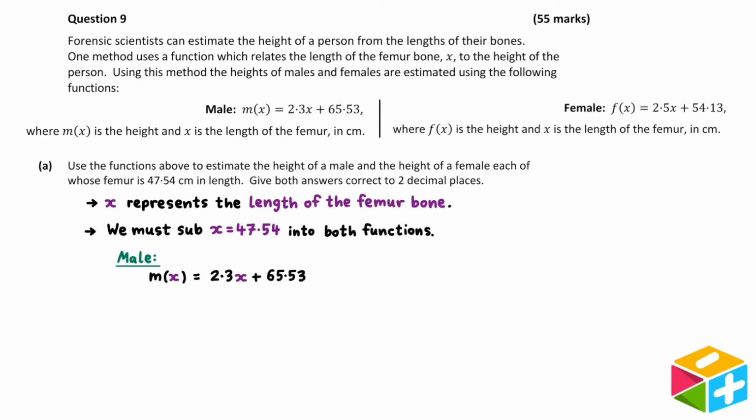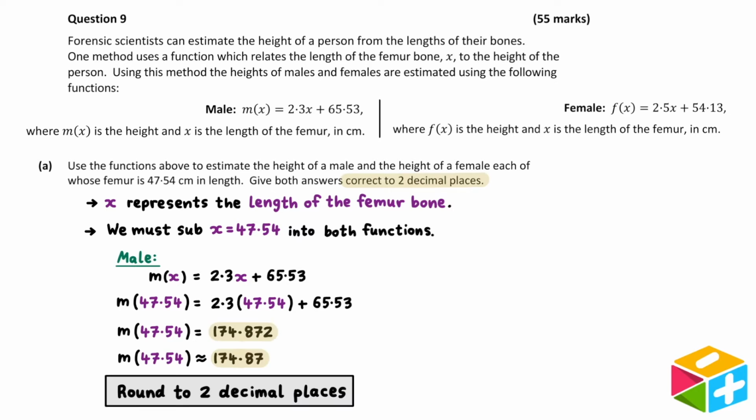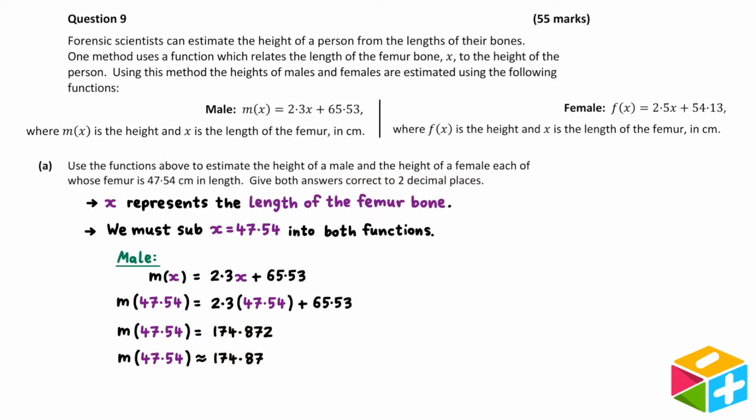Let's start by subbing into m of x, the function for the height of a male. Rounded to 2 decimal places, our estimate for the height of the male is 174.87 centimetres.